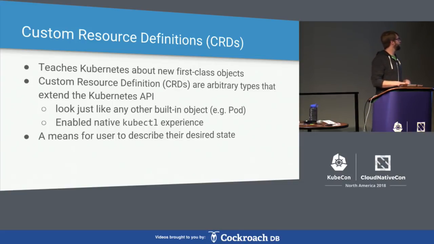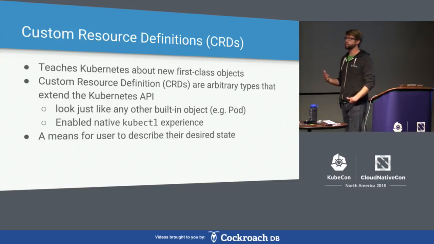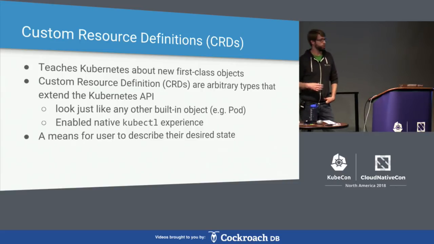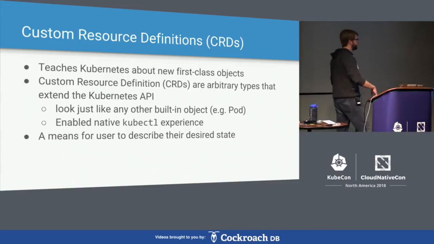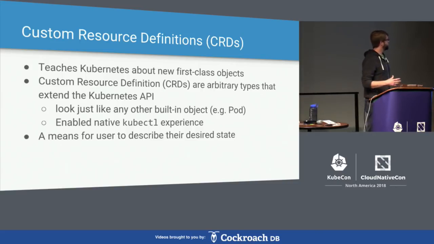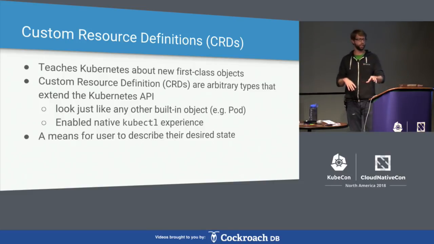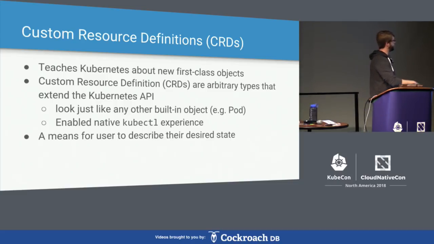The cool thing is that the custom types you define are treated as first-class citizens in the Kubernetes API. Just like a pod or a config map or a stateful set, you create a custom resource definition, and your type now looks the same as any of those inside of kubectl. So you can use kubectl get storage cluster, and that will give you that same experience you're used to for pods and config maps and other things.